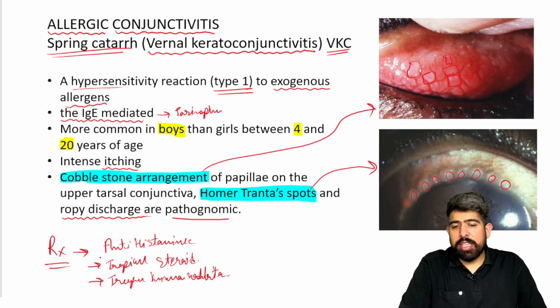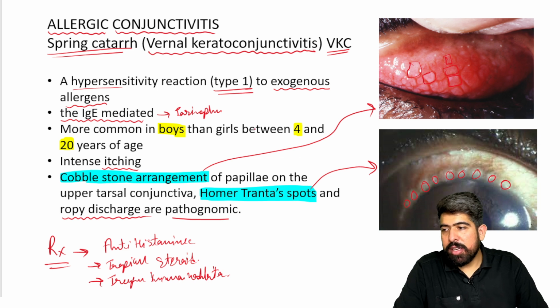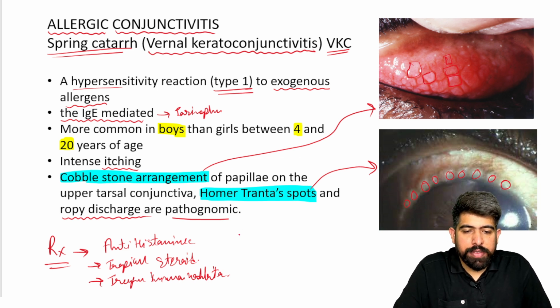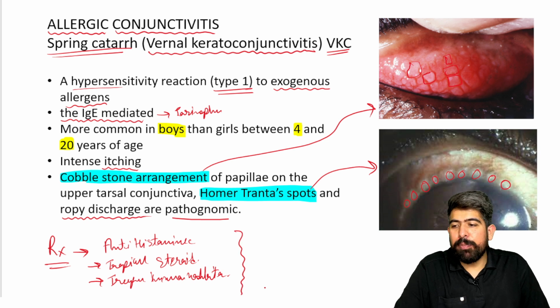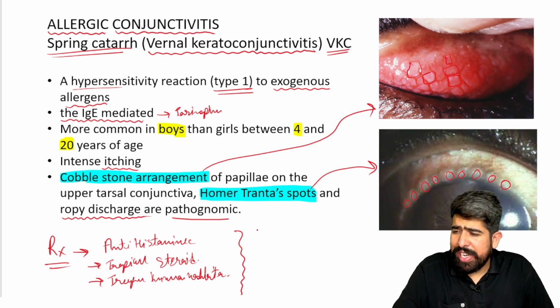But this is the case when the patient is coming one time. Please remember, this is a recurrent type, it is having recurrency also. So if the patient is having recurrency, we'll give prophylaxis treatment also.